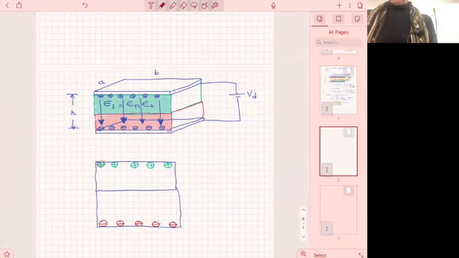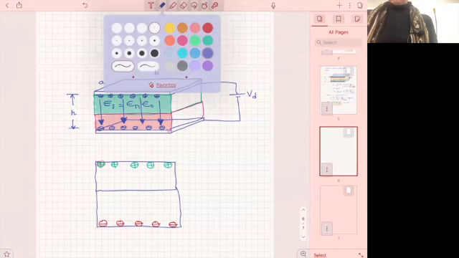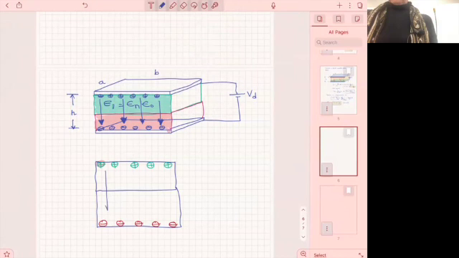Okay, the electric field goes like that. The flux densities go like this. So this is D1, this is D2, and they're along the Z direction. So D1Z, D2Z. We don't have any other field components.